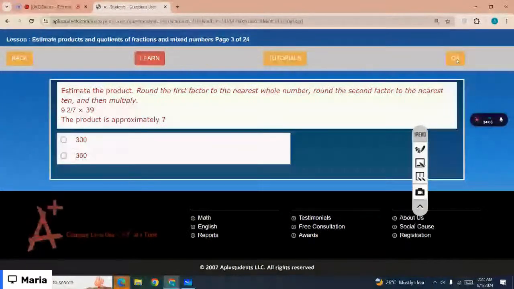Estimate the product. Round the first factor to the nearest whole number. Round the second factor to the nearest 10 and then multiply. So how do we round off? Which is the correct option?